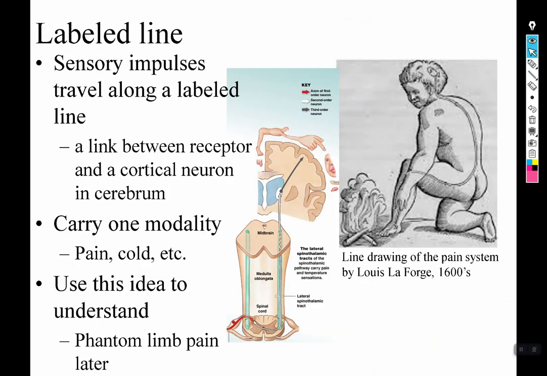Okay, so let's talk about the idea of a labeled line. It's kind of like a telephone line where a series of telephone wires stretches from one location to my house, and that line, even at its origin, is labeled phone line to Christina's house.